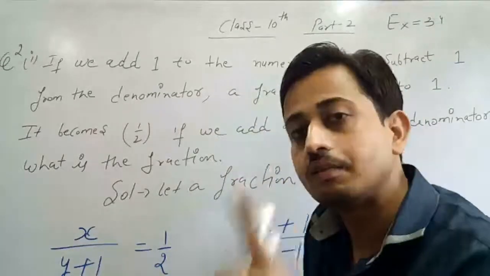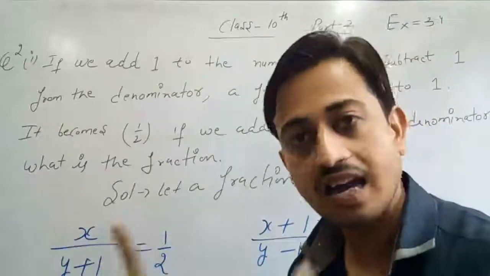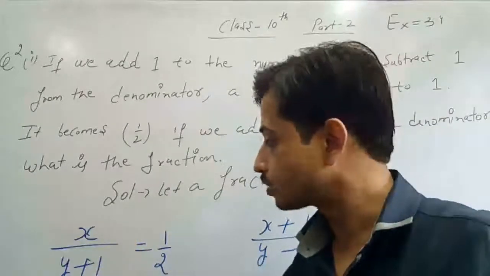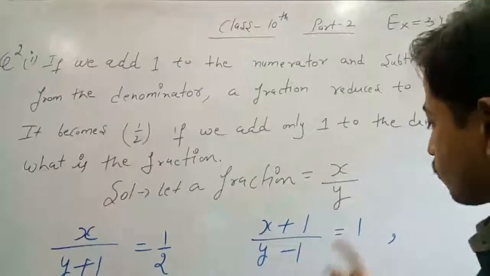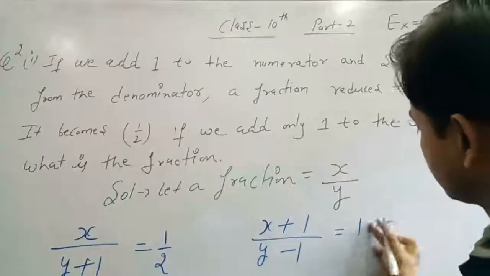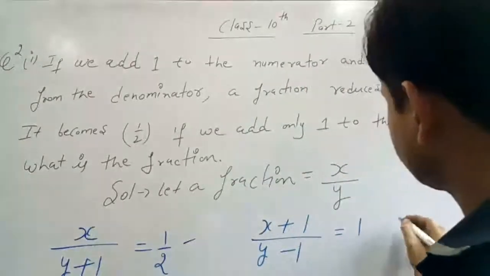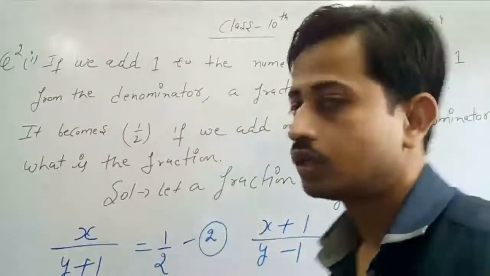The numerator remains as it is, so I write x as it is. So the term becomes x divided by y plus 1 is equal to 1 by 2. This is our second equation. You can say that this is equation number 1 and this is equation number 2.